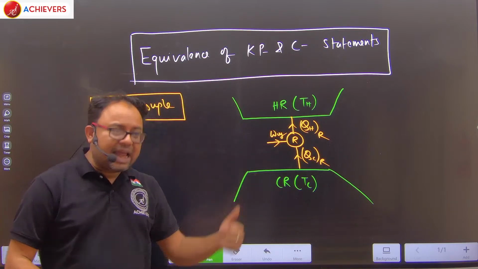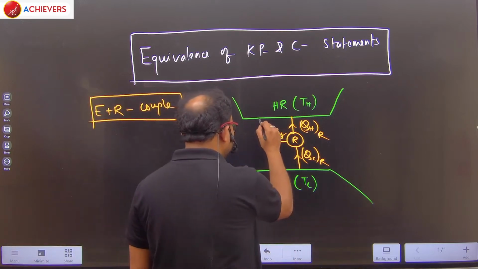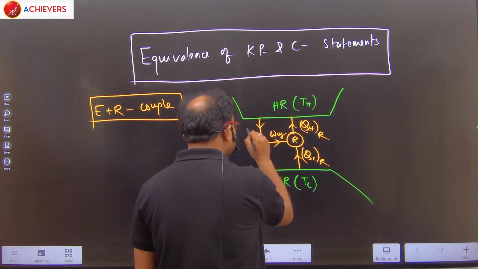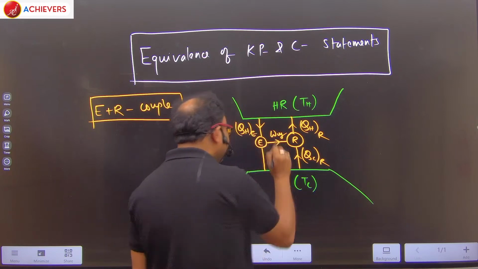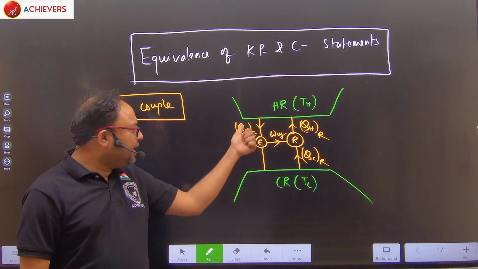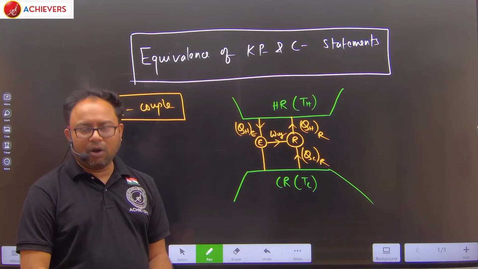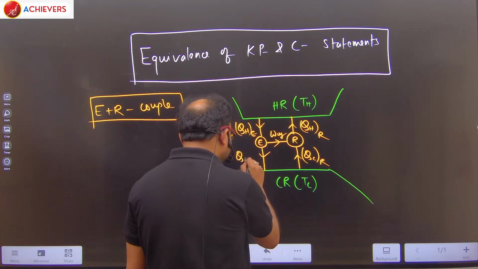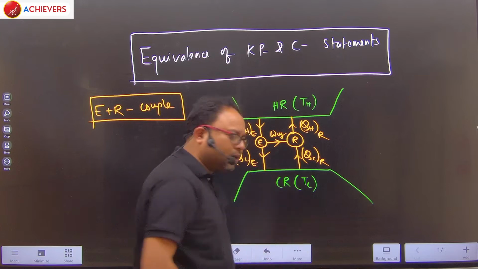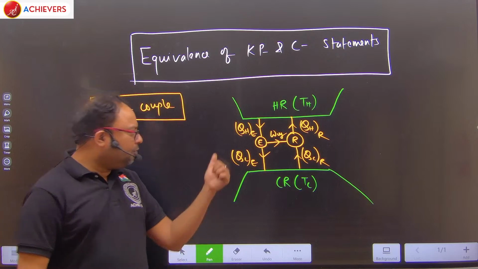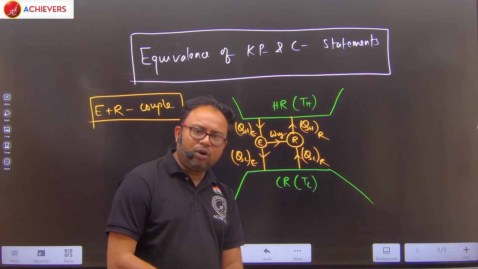Now this W cyclic will be supplied by the engine, because the engine withdraws QHE, the suffix E is given to demarcate it as the engine, QHE amount of heat from the hot reservoir, and it transfers QCE amount of heat to the cold reservoir, and it performs W cyclic amount of work.